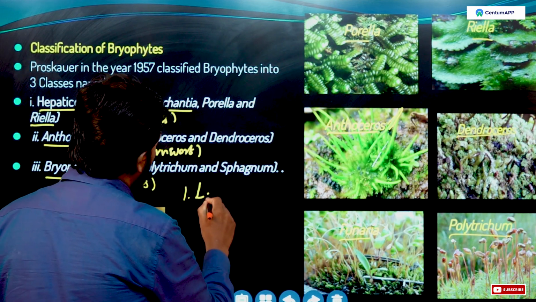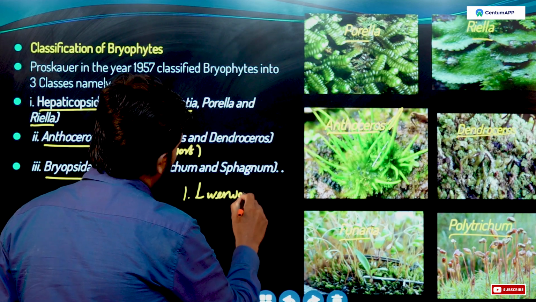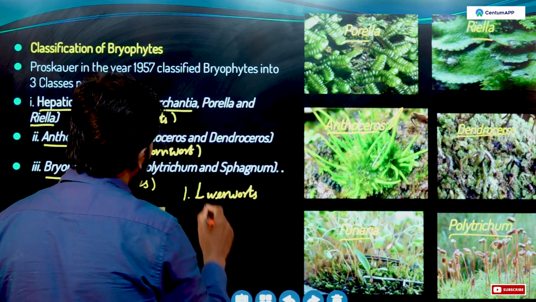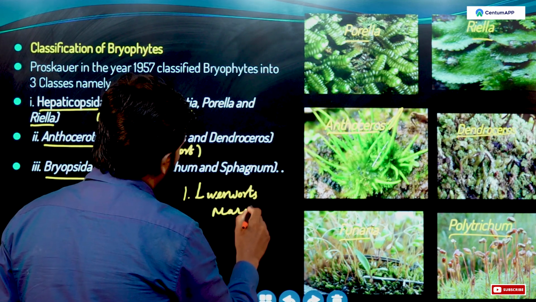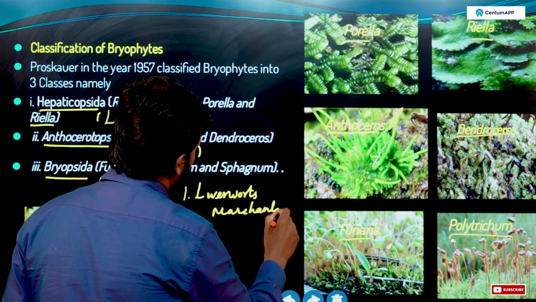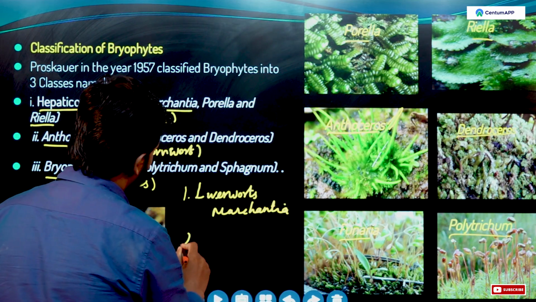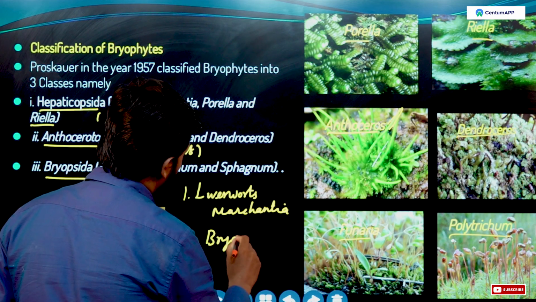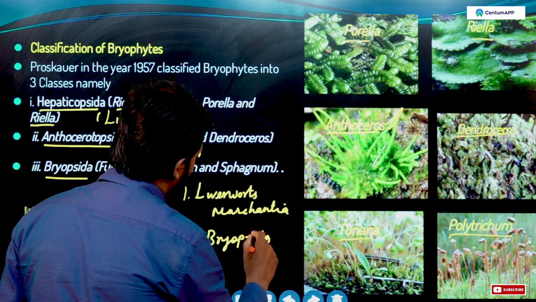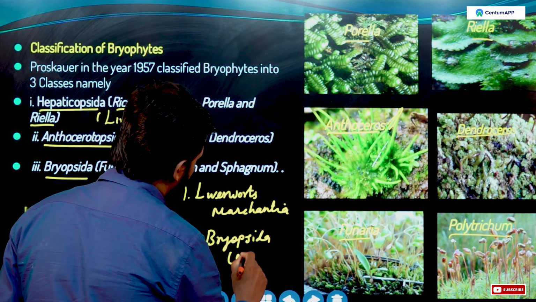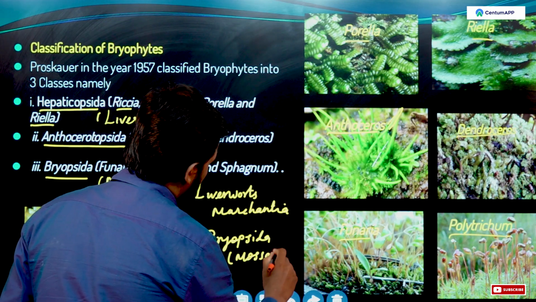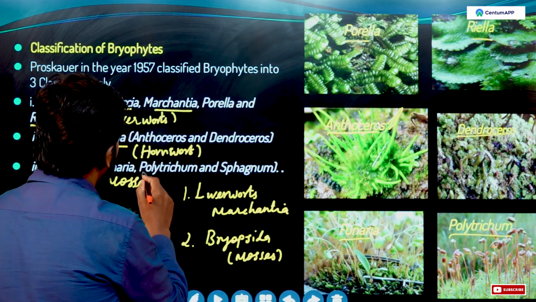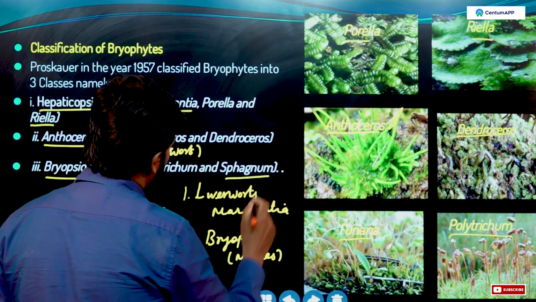Hepaticopsida, liverworts, Marchantia. Second one, Bryopsida, mosses, that is Funaria and Sphagnum.